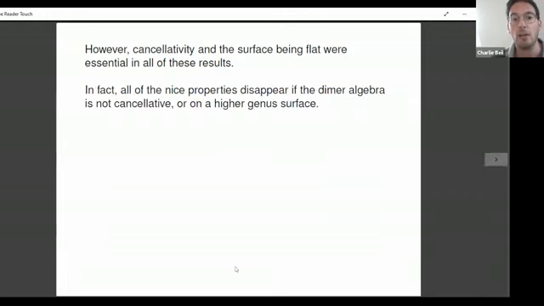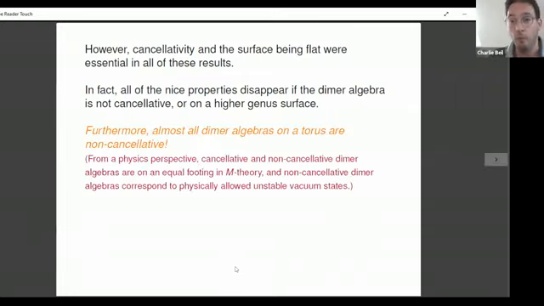In fact, all of the nice properties disappear if the dimer algebra is not cancellative or on a higher genus surface. Furthermore, almost all dimer algebras on a torus are non-cancellative. So the ones that are cancellative are very rare among all the dimer algebras you could have on a torus.